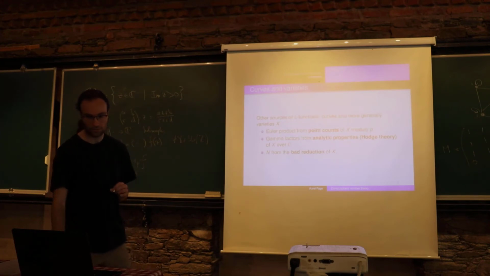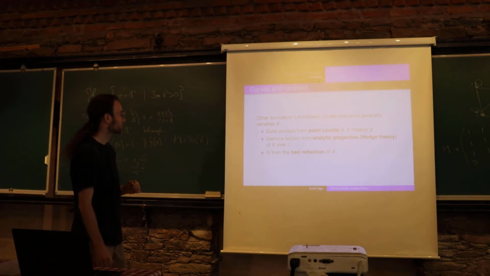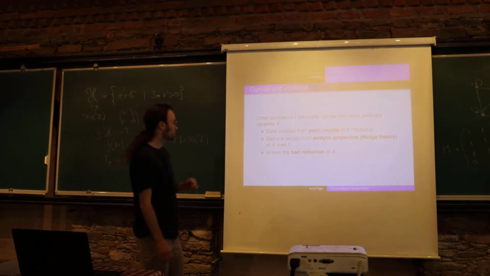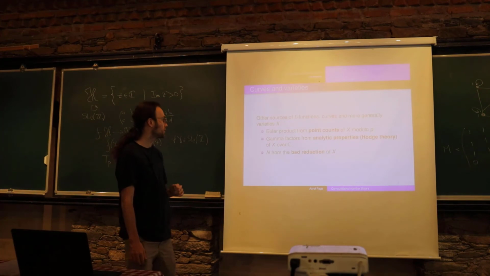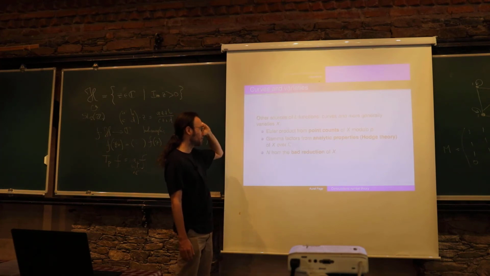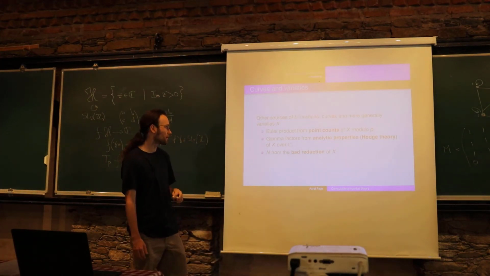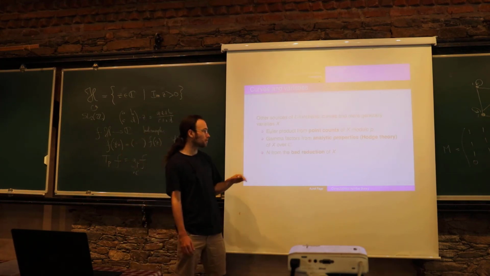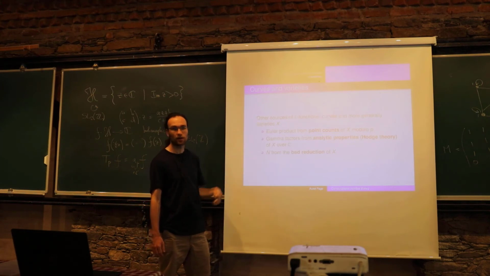Then you have curves and varieties, which is a generalization of the elliptic curve case that we talked about. You take a curve or an algebraic variety defined over Q or a number field, and you put together the number of points of X modulo p.